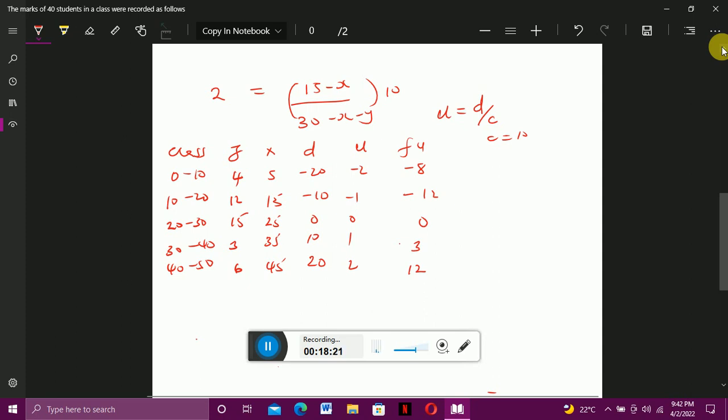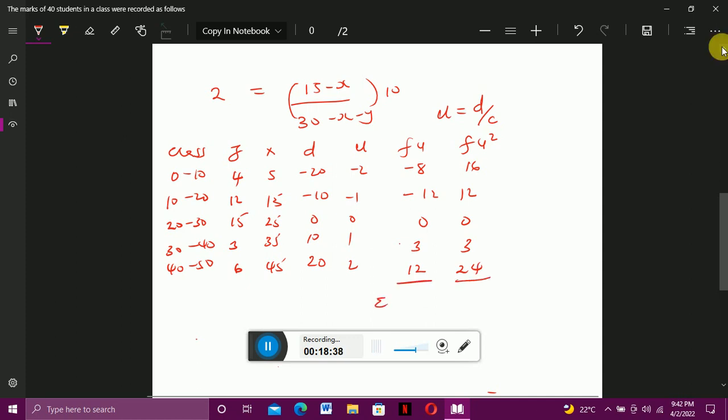Then we have a column for f times u squared. So this times this becomes 16, 12, 0, 3, and 24.